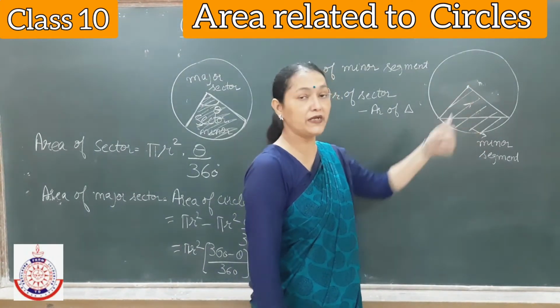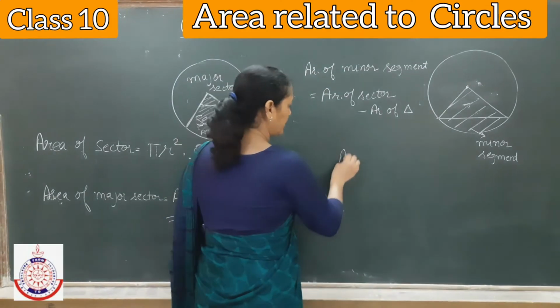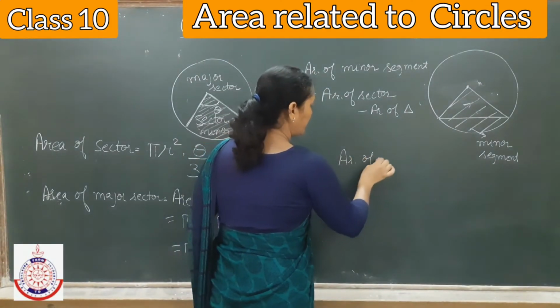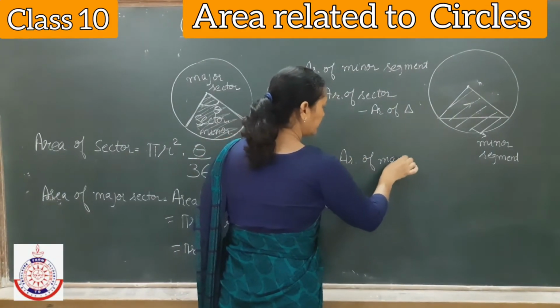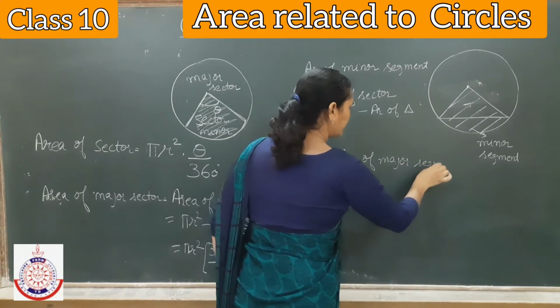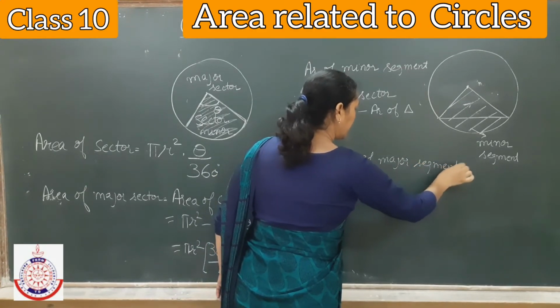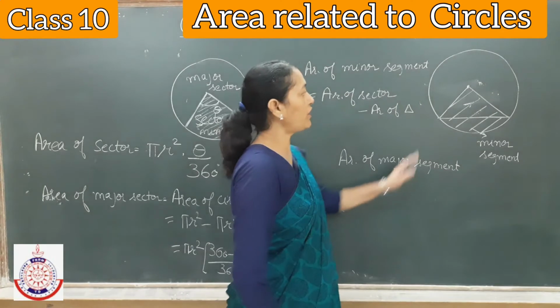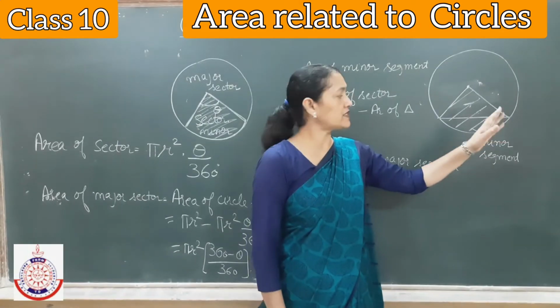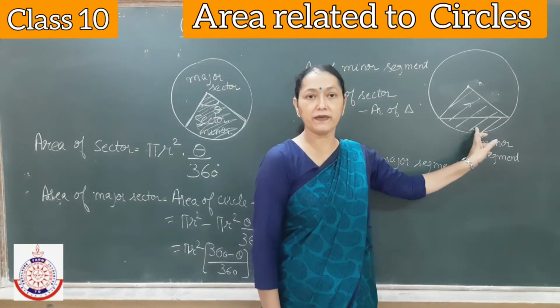Now for major segment, area of major segment can be obtained if from the complete circle we subtract area of minor segment.